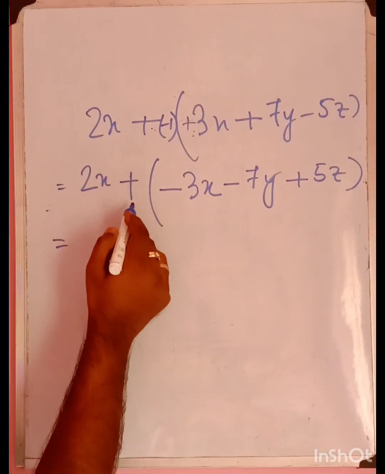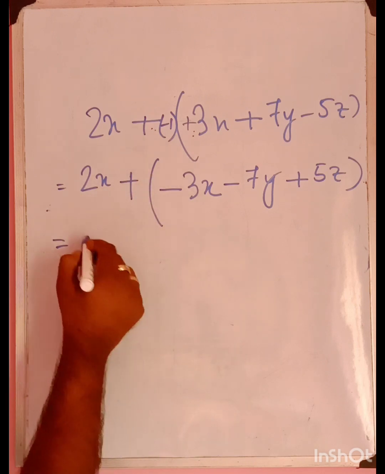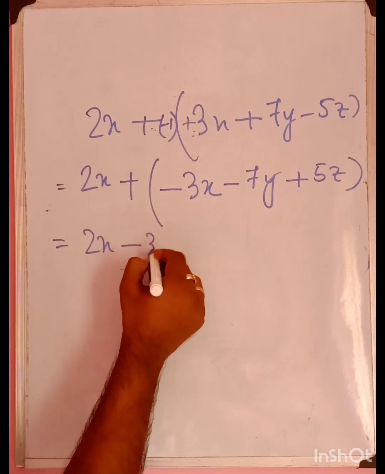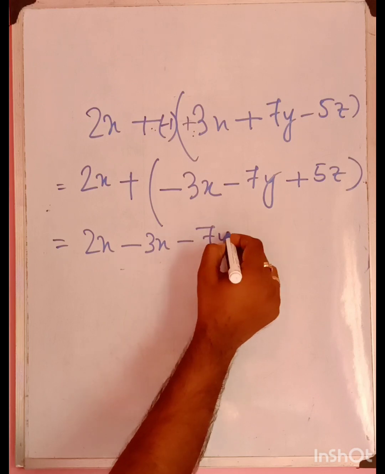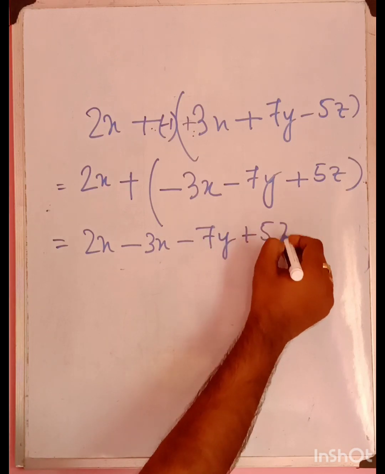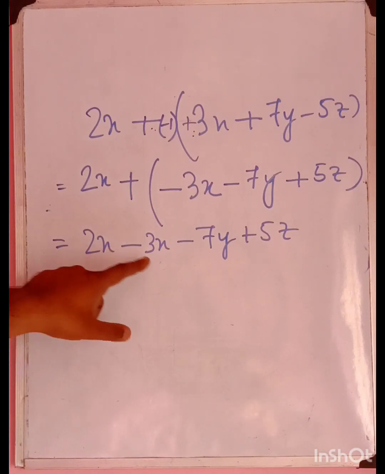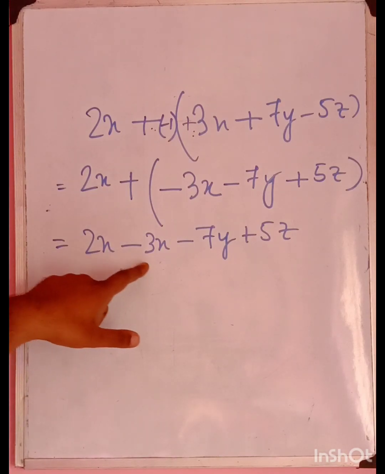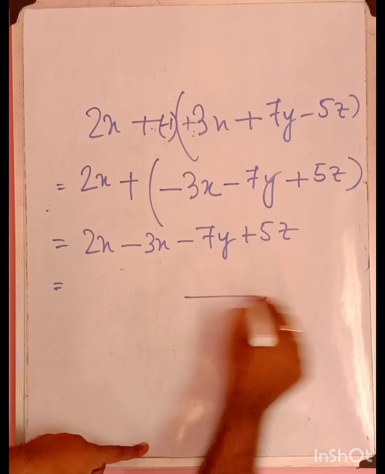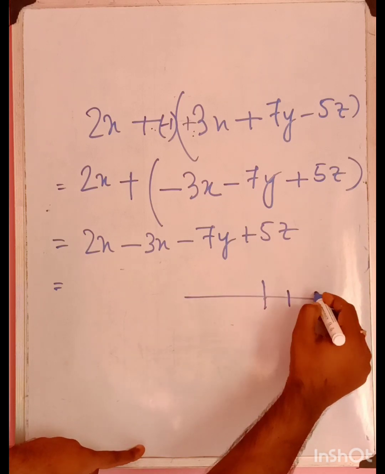Again, as it is plus, there is no change in signs. You just open it. Like this. So 2x minus 3x plus 2 minus 3. Number line. 0, plus 1, plus 2.